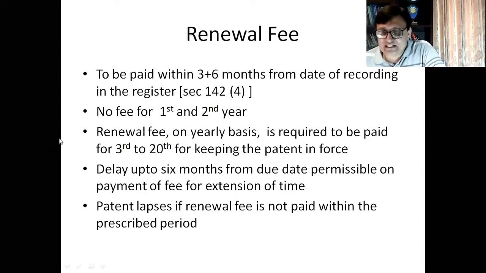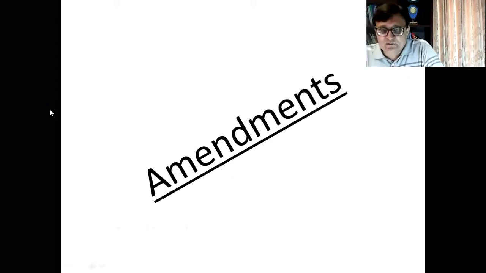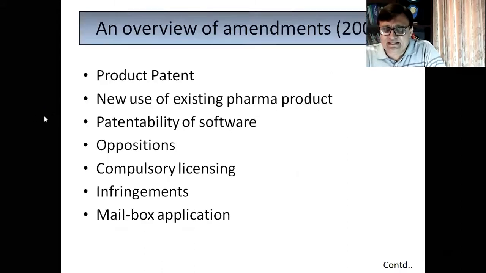Delay up to 6 months from the due date is permissible on non-payment of fee, for extension of time. The patent lapses if the renewal fee is not paid within the prescribed time. So it means that except in the first and second year, every year you have to pay the renewal fee.